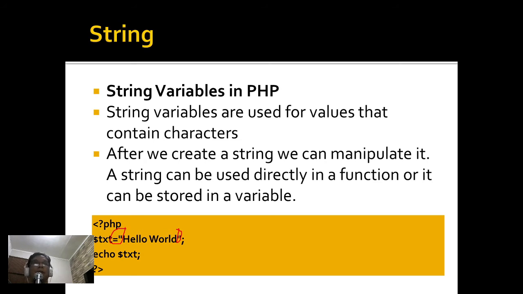In this example here, we have a variable txt whose initial value is hello world. So echo txt here will print the contents of this variable, which is hello world. It will just display hello world.